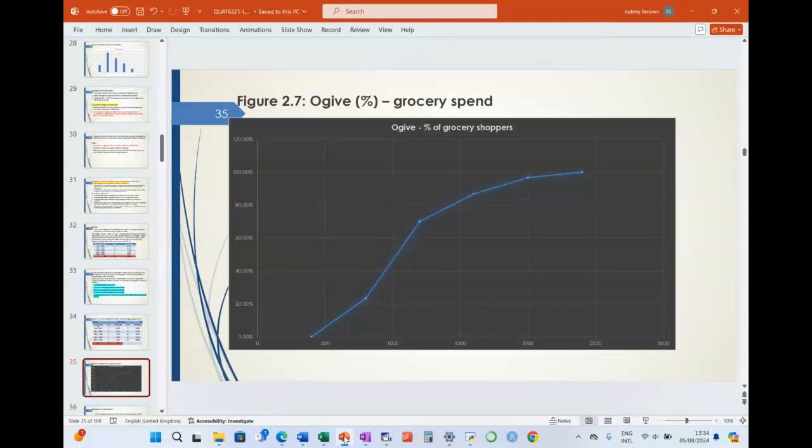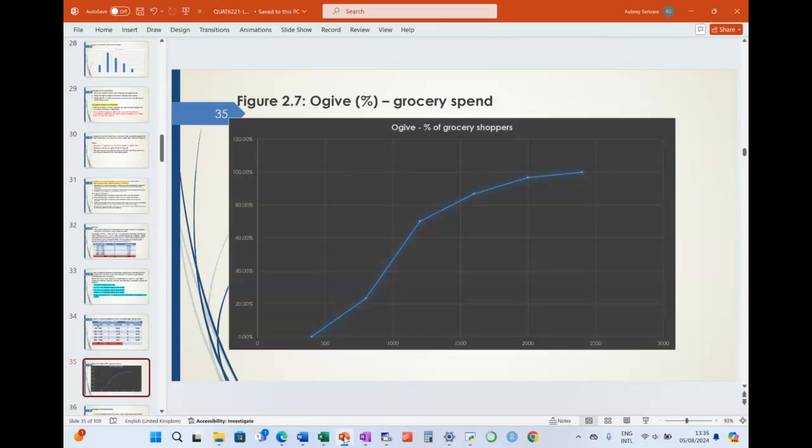So again, we can say, okay, how many people spend about 2,000? And there you can see that's about 98%, almost 100%.